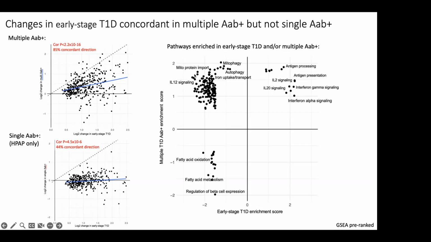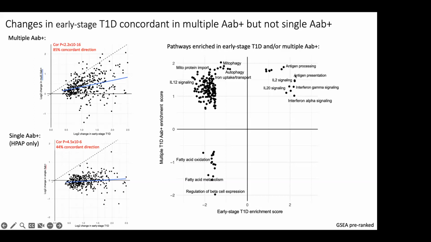We also see a subset of processes that are upregulated specifically in multiple autoantibody individuals and not in the type 1 diabetes individuals, which are processes related to mitochondrial function, mitophagy, autophagy, as well as some cytokine signaling that's distinct from the cytokine signaling processes here on the right.